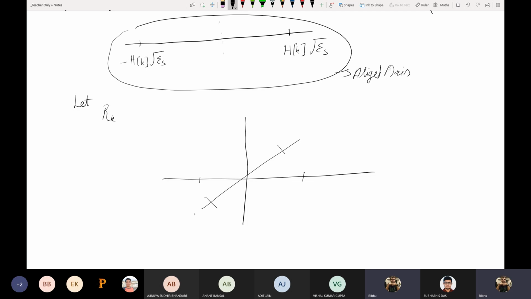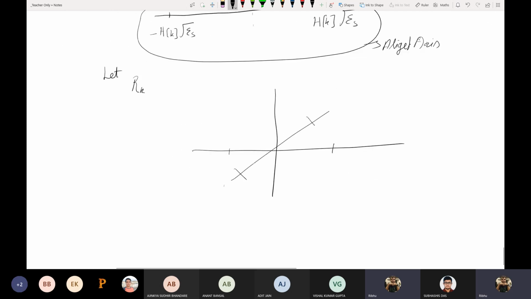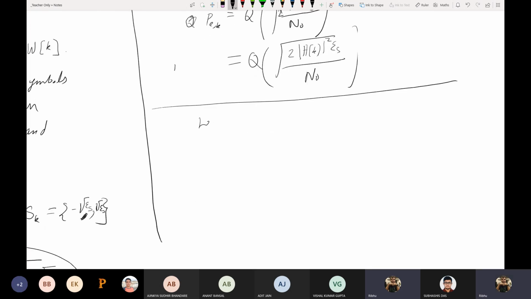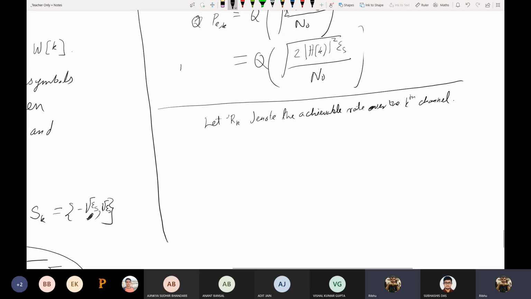Now let's abuse notation for a while. Let Rk denote the achievable rate over the kth... Okay, let me do it this way.